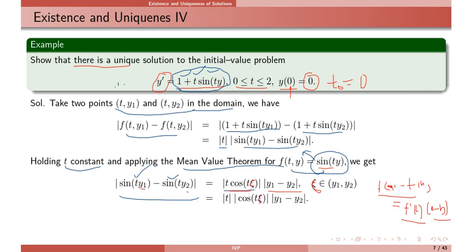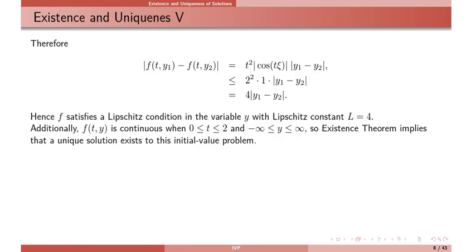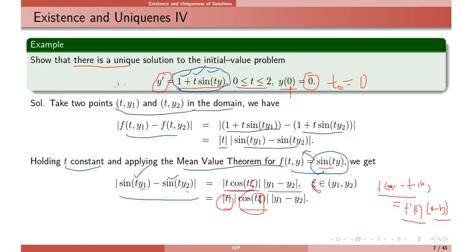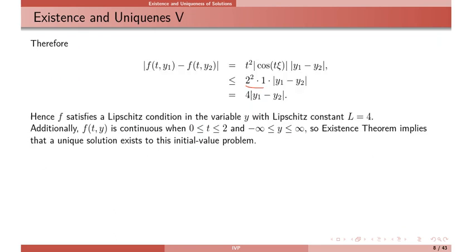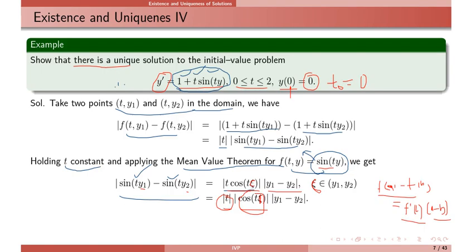Now take the maximum of the right hand side. Maximum t is 2, so replace this t with 2. Cos maximum will be 1. Going back to f(t, y1) minus f(t, y2): one t is there, so t will be t square.